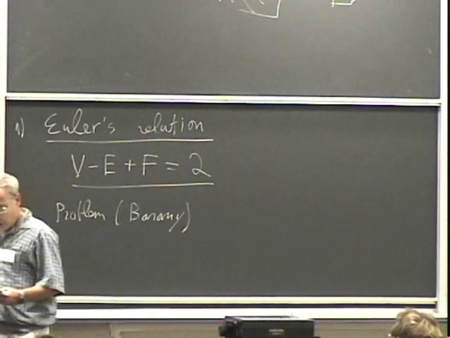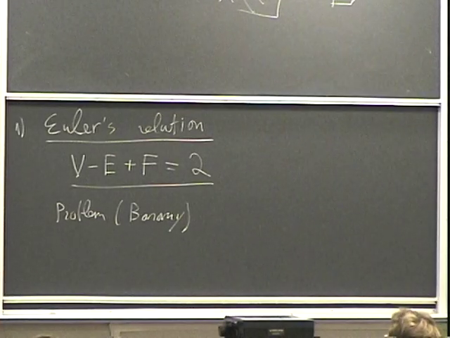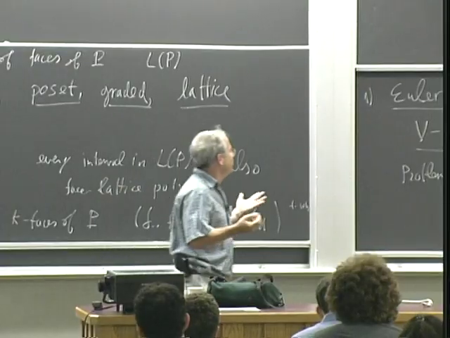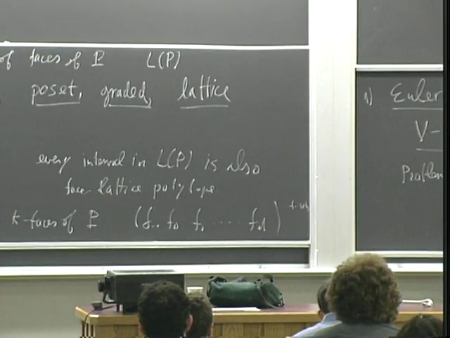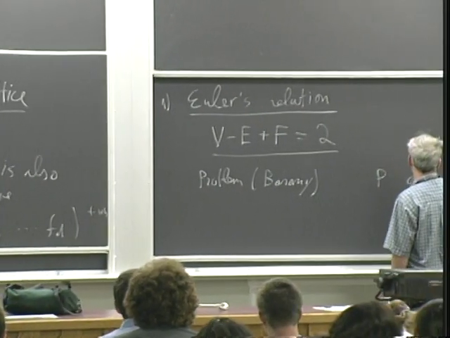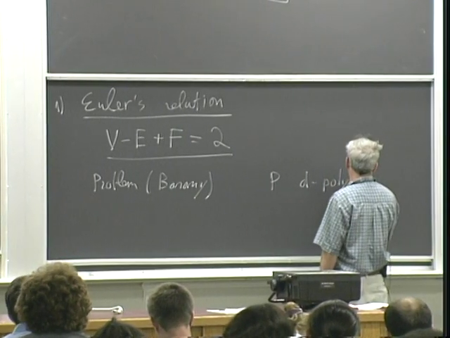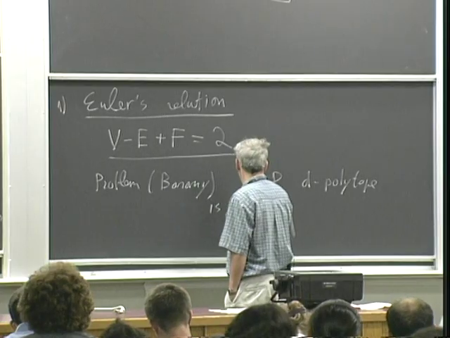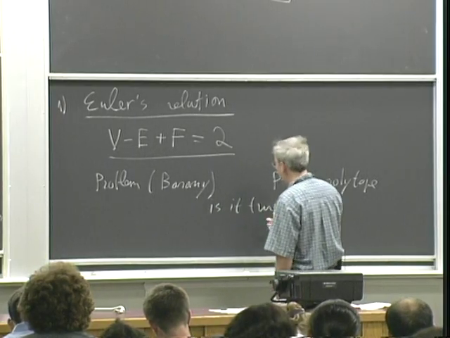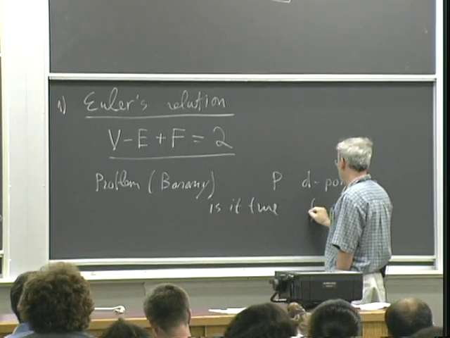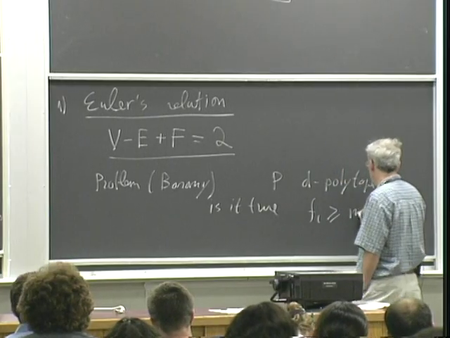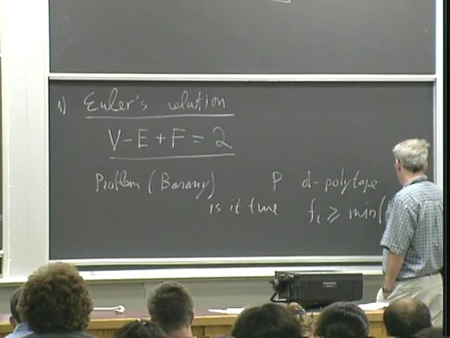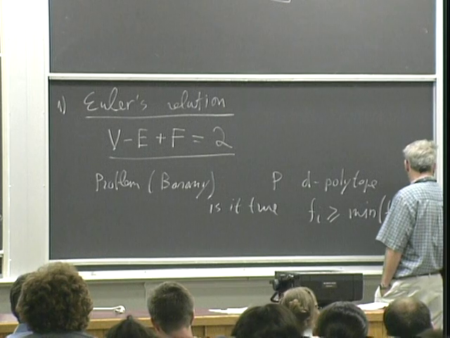So it's good that some people who don't work in some field ask you questions, and then you see you cannot answer them. And this is the following. If P is a d-polytope, is it true, or it's certainly true, but prove that f_i is greater or equal to the minimum of f_0 and f_{d-1}.